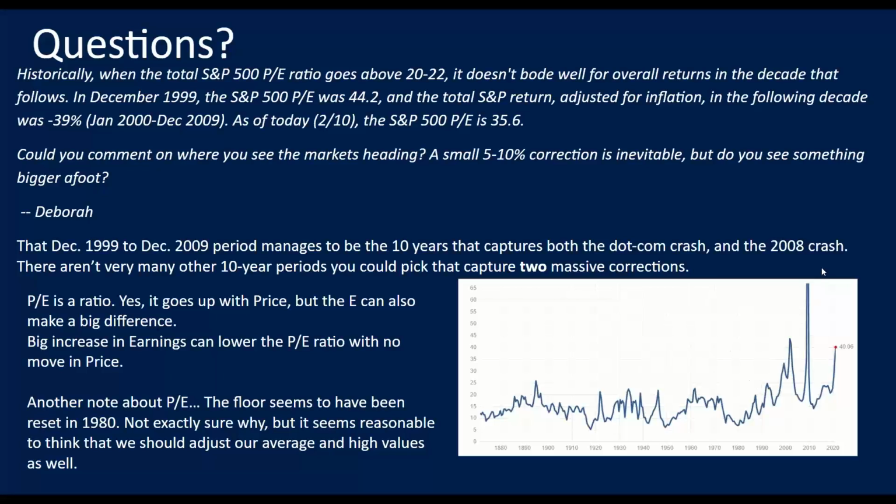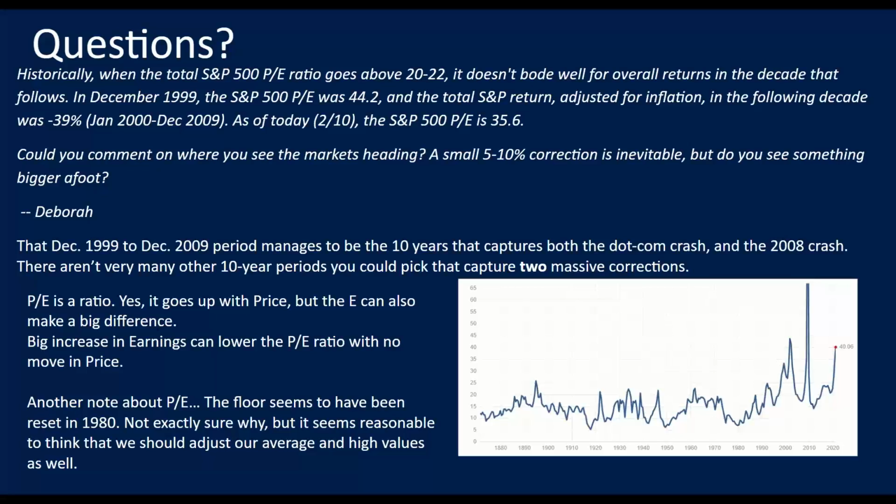One of the interesting things about this is that it really blew off because banks were a huge part of the S&P 500 before the 2008 crash, and their earnings just went to zero or even negative before the market really rolled over. That's to get back to my earlier point about E going up can pull the PE down.